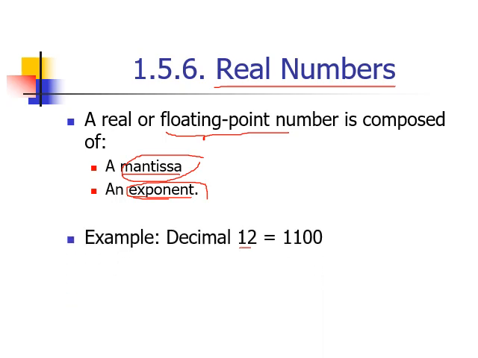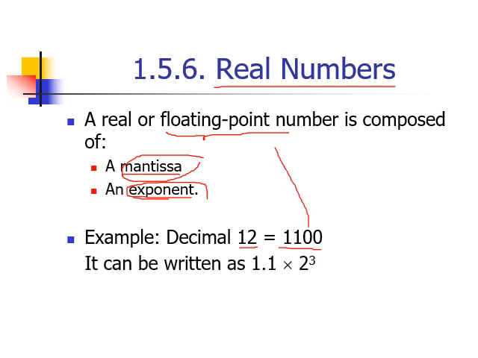For example, if you have a decimal 12, which is equivalent to 1100 binary, how would you represent this in a floating point format? This number can be written as 1.1 times 2 to the 3, so you have to move this binary point 3 locations to the right. 1, 2, 3, so you have 1, 1, and the second and third locations, so you get back to this.